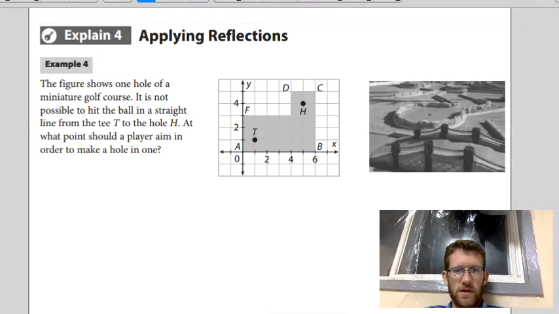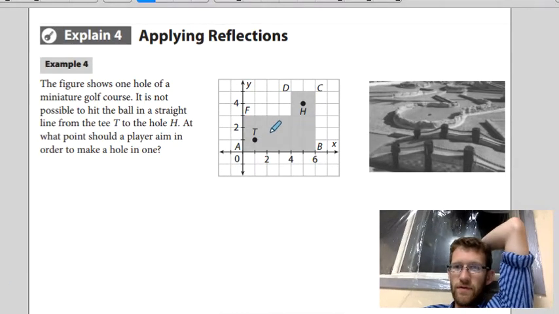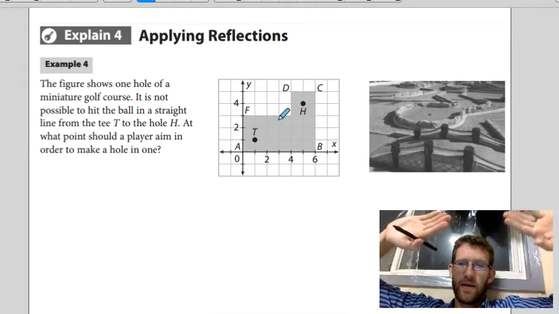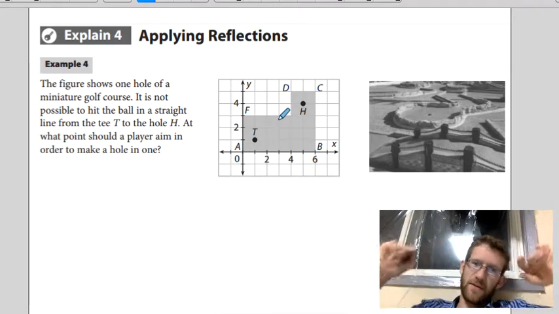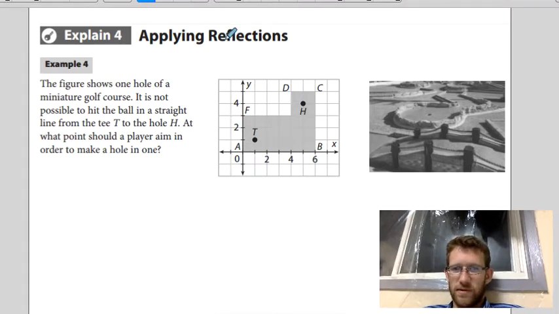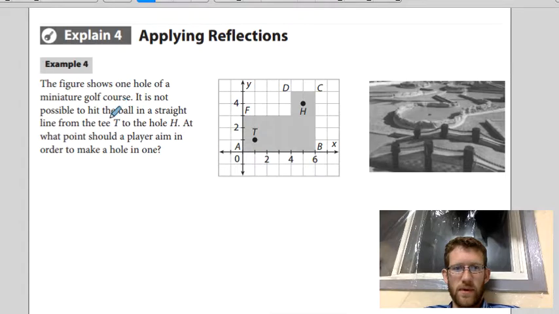Okay, the last little thing to note is we use reflections when anything bounces. Think of a mirror that's reflecting, because light is bouncing off of it, right? It doesn't have to be light, it could be billiard balls or lasers or whatever. In this case, they're doing mini golf, so we want to hit it from the tee to hole H, but we can't get it straight there because there's a thing in the way.